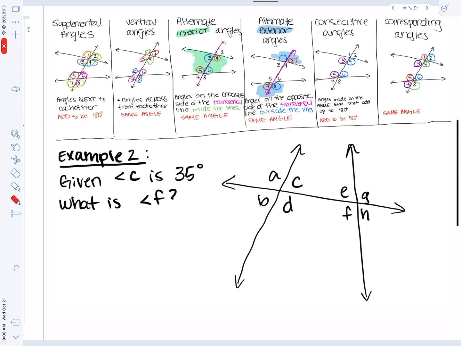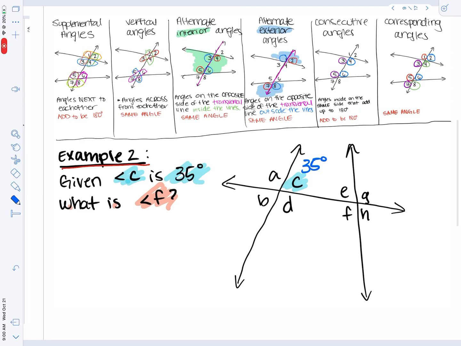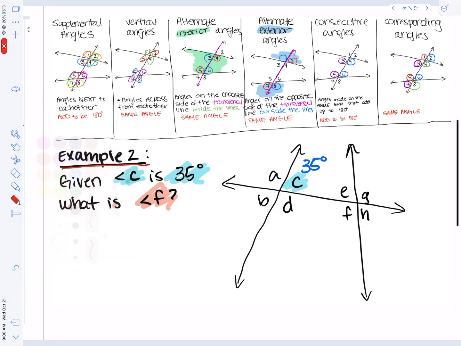So to the second example, example 2, given C is 35 degrees, what is F? We know that C is 35 degrees. What is F? We're looking for F. So we know we have this angle and this angle.